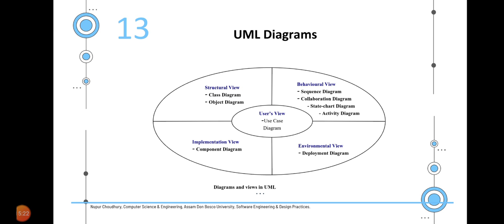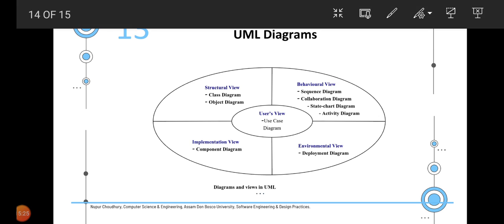Representing this in diagrammatic form, as already discussed in the previous slide, the user's view deals with the use case diagram, which shows the interactions between various users and the system, or different functionalities provided by the system. The behavioral view has the sequence diagram, collaboration diagram, state chart diagram, and activity diagram. All these diagrams represent the behavior. The environmental view represents the deployment diagram and the environment in which it is deployed.